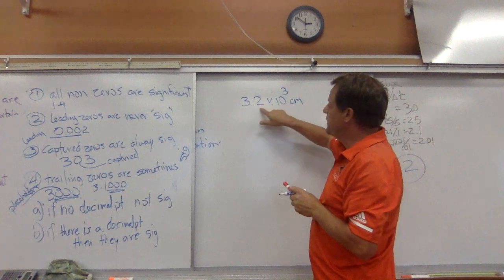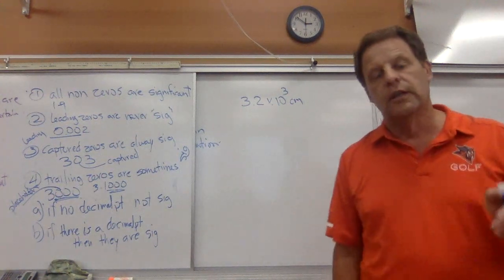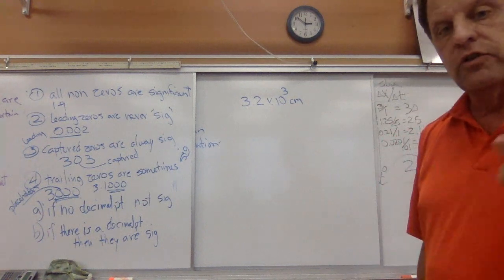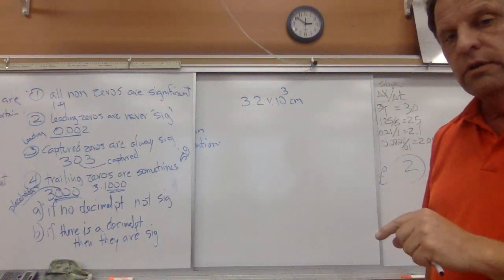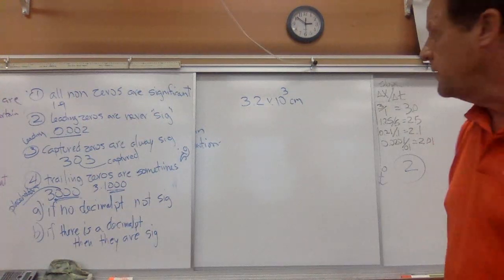And right here, there's only 2. So this one in scientific notation only has 2 significant digits because the 3 and the 2 are non-zeros, so they always count as significant.